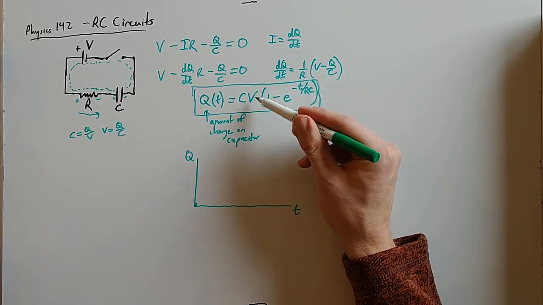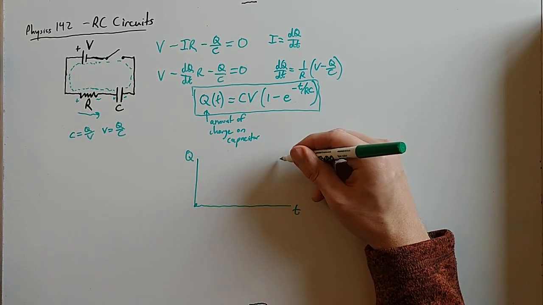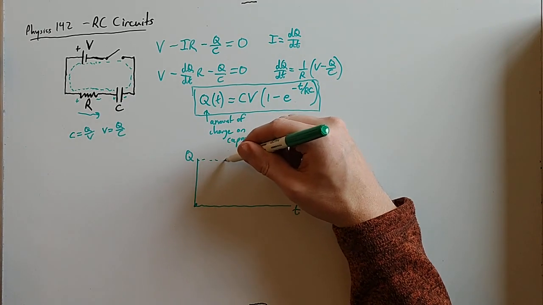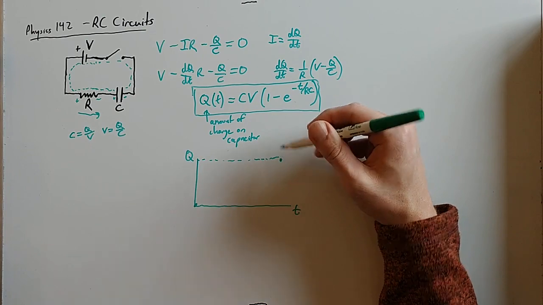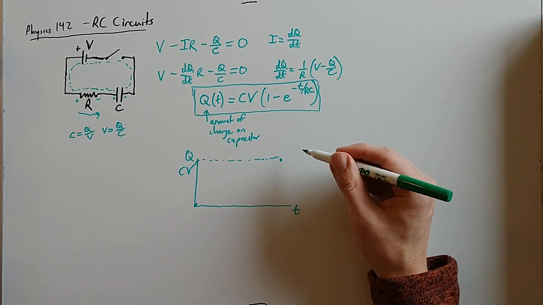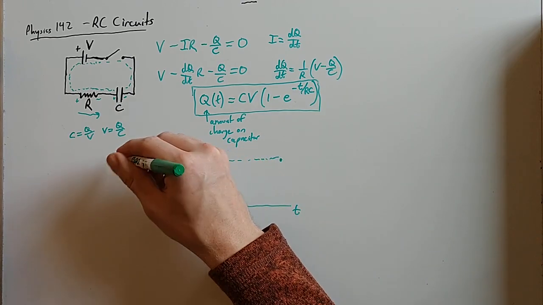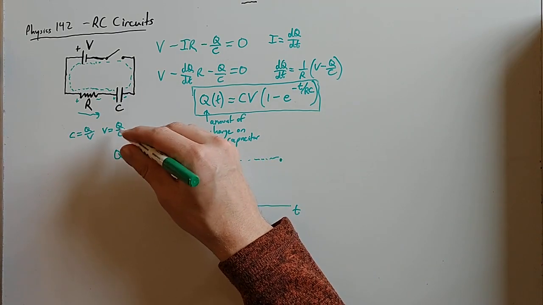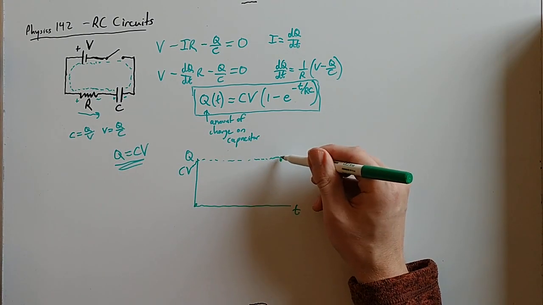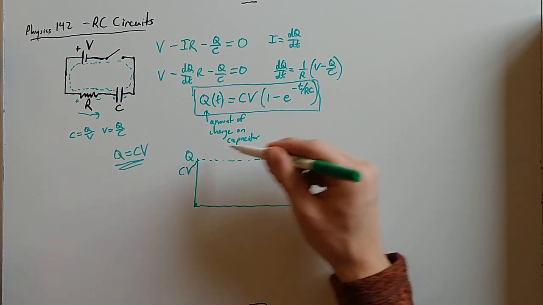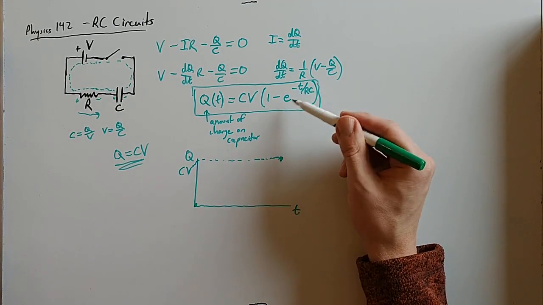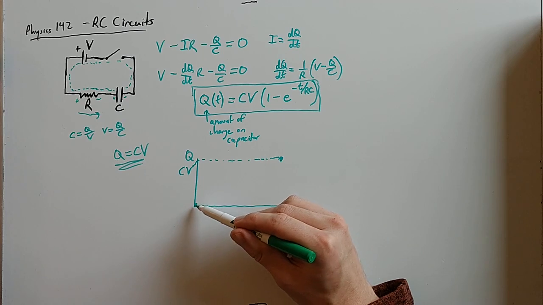After a long time, we're going to reach the value C times V, which makes sense, because Q for a fully charged capacitor is C times V. We already had that equation for capacitors. But in between, we have this exponential charging.